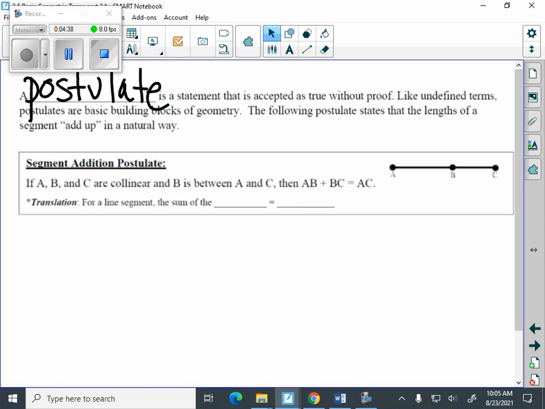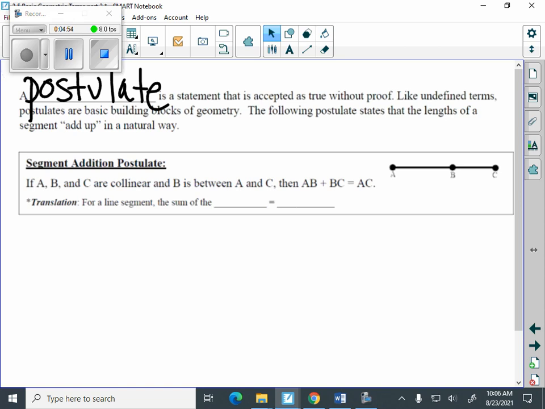But we actually get more formal with our proofs. I would also like to say that you can look at it in terms of some common sense as well. So the segment addition postulate says this.